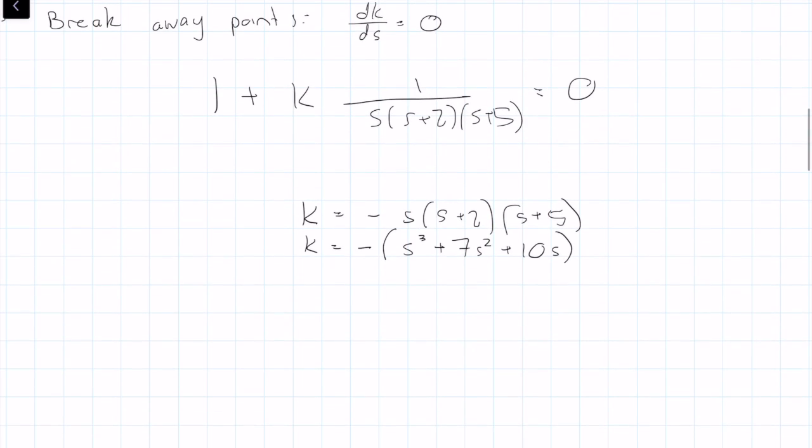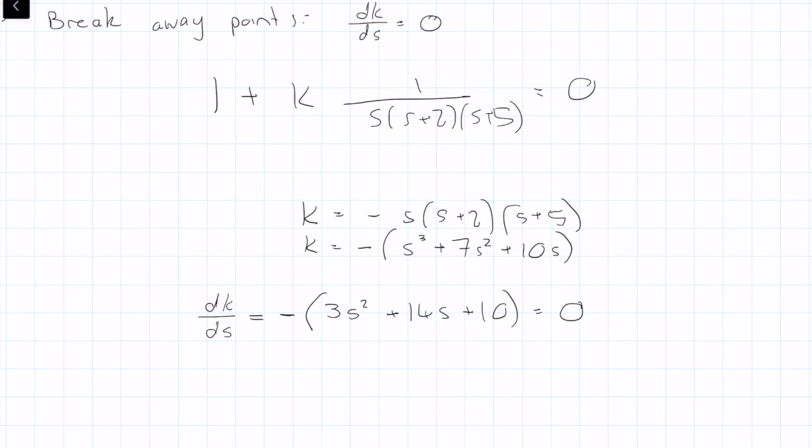Okay, and now we can do dk over ds, so we're differentiating k in terms of s. We're going to keep that minus right there, and we're going to say that's 3s squared plus 14s plus 10 is equal to 0.